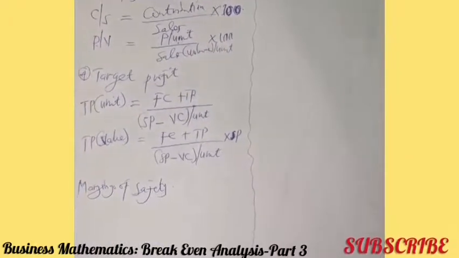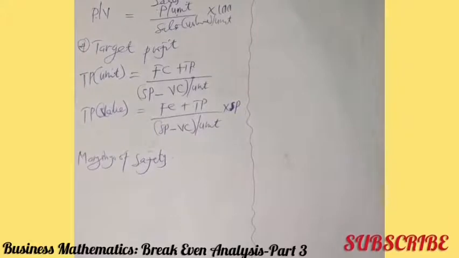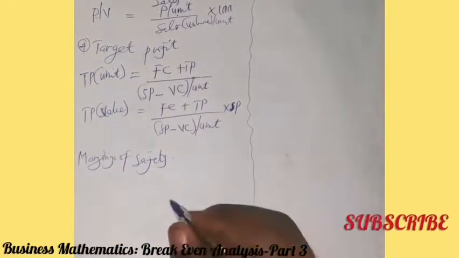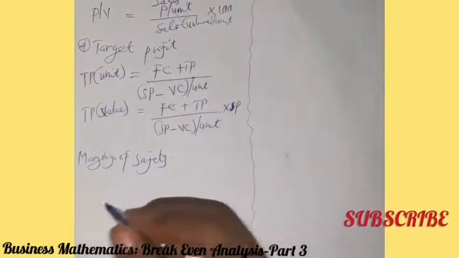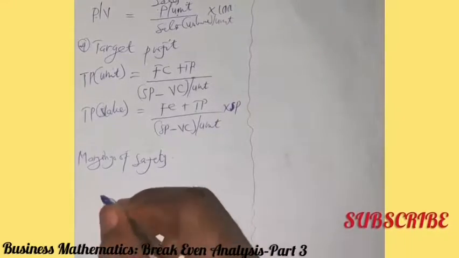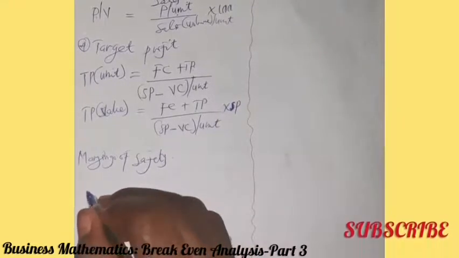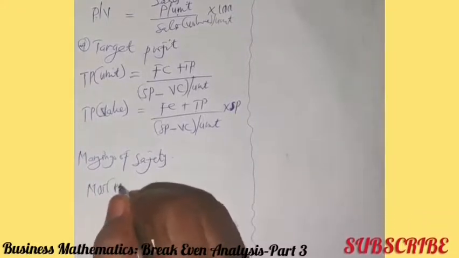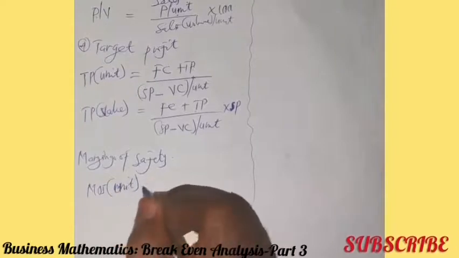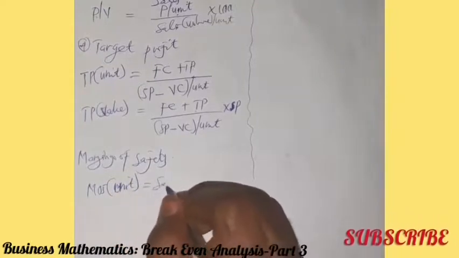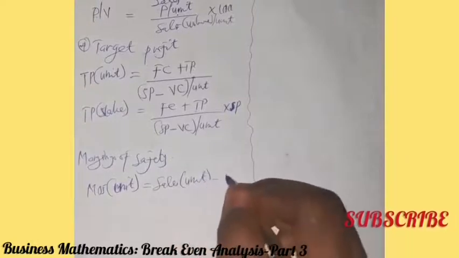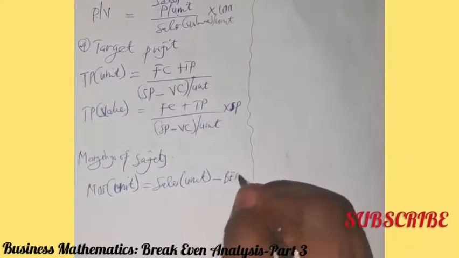That's what I mean by margin of safety. So as we discussed earlier, your margin of safety in terms of units is equal to your sales in units minus your break-even point in units.